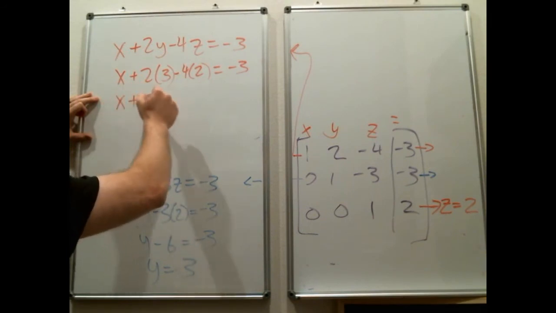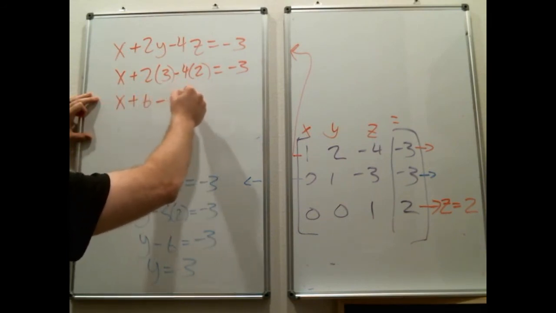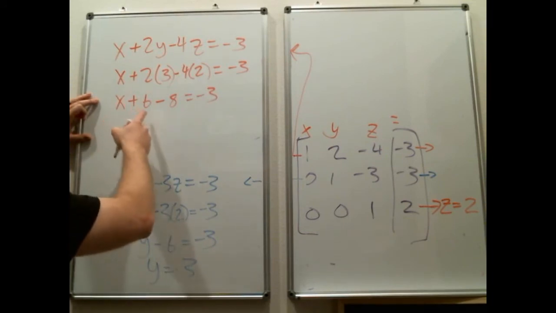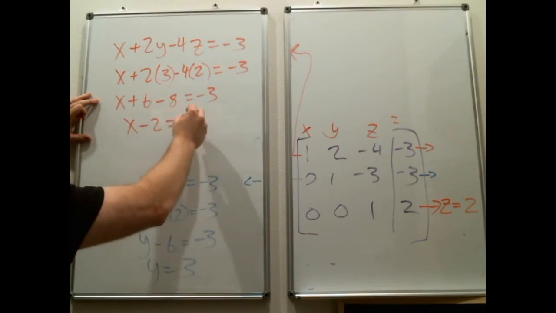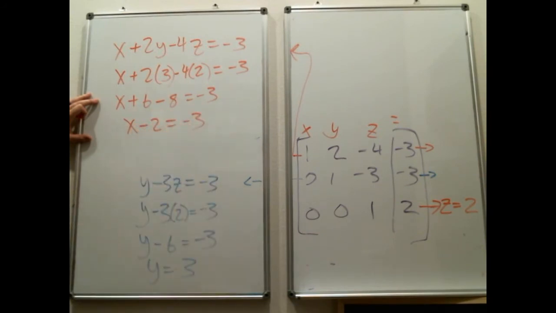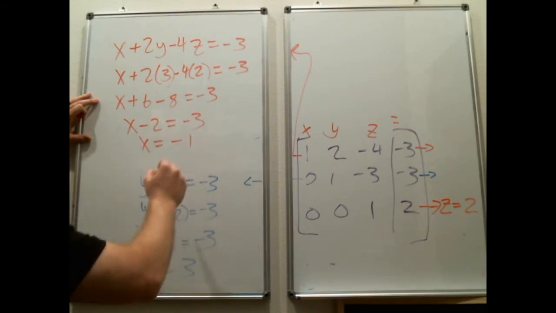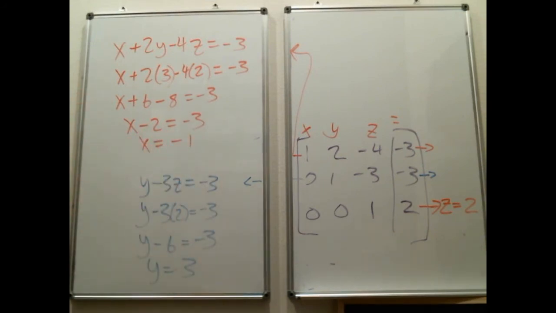And then it's simplifying. X plus 6 minus 8 is equal to negative 3. So this 6 minus 8 is x minus 2 is equal to negative 3. Add 2 to both sides, so x is equal to negative 1. Alright, and the way you write your final answer is like this.